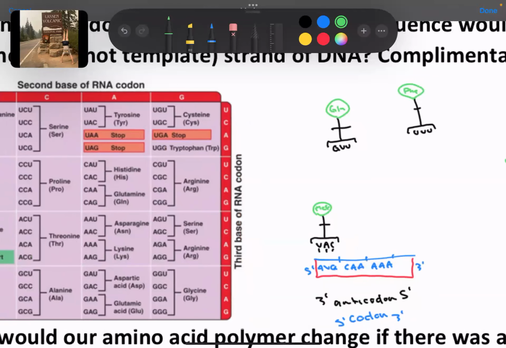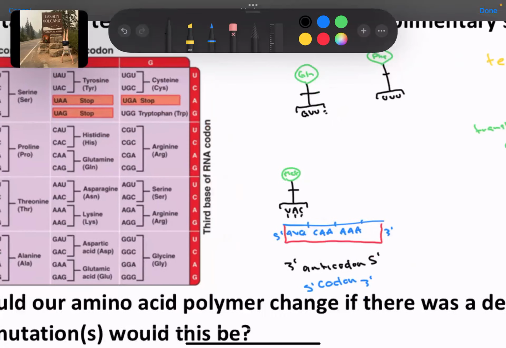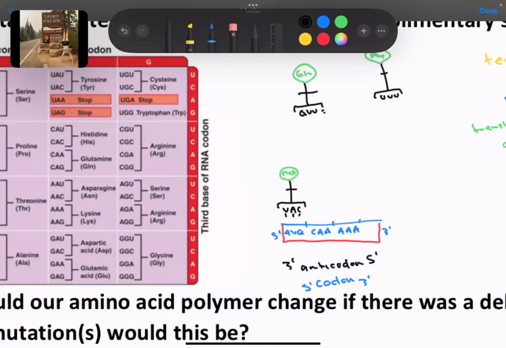So these tRNAs that we have, and the anticodons that are part of them, are attached to a specific amino acid, but we don't use the anticodons to describe the amino acid that they're attached to. We actually use the codons that the anticodons are complementary to.